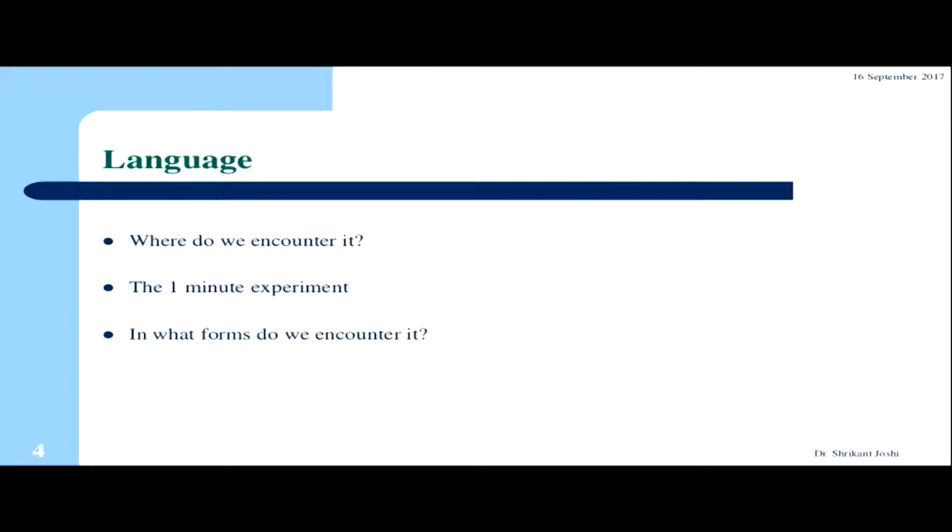Okay. The next question. So we encounter it 24/7. It is with us. It doesn't leave us. So in which forms do we encounter it? Spoken, verbal, like we are doing right now. We are interacting verbally. Then written form. You read books, newspapers.